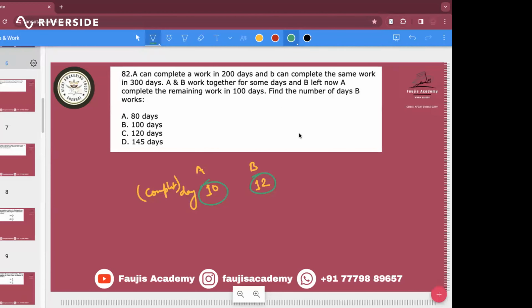We'll just take the LCM, 60, and we'll assume this as the total work. Earlier, when we used the formula, in that way of solving we had an assumption: one unit, one work means completion. But over here, we assume that when we reach 60, it means completion.